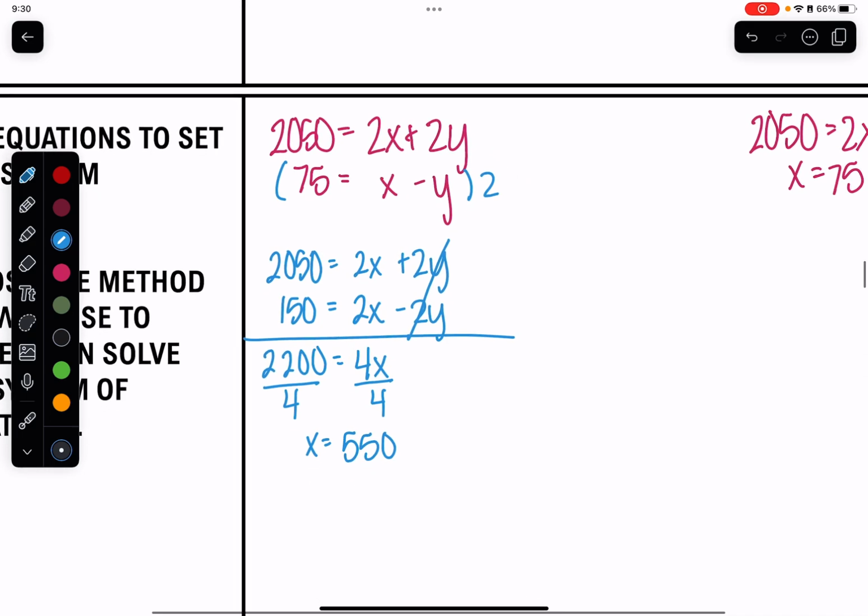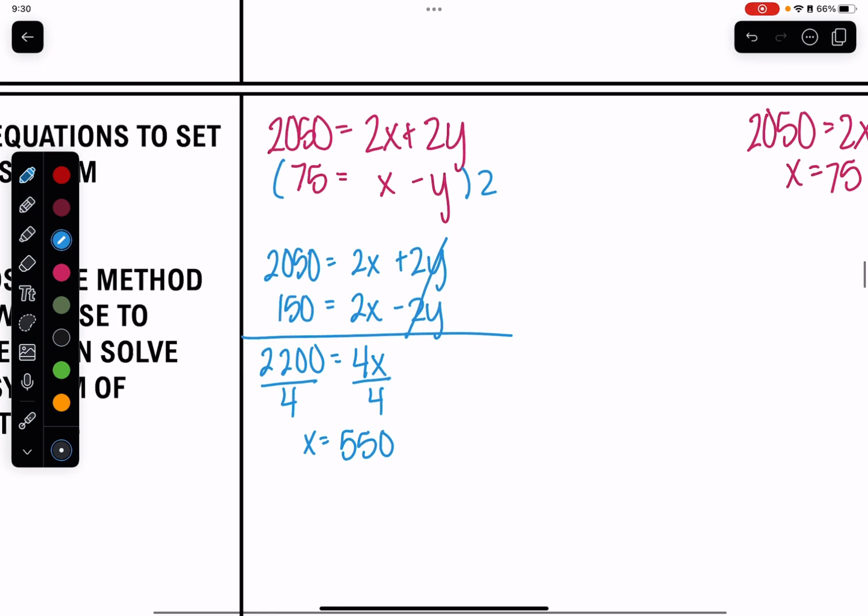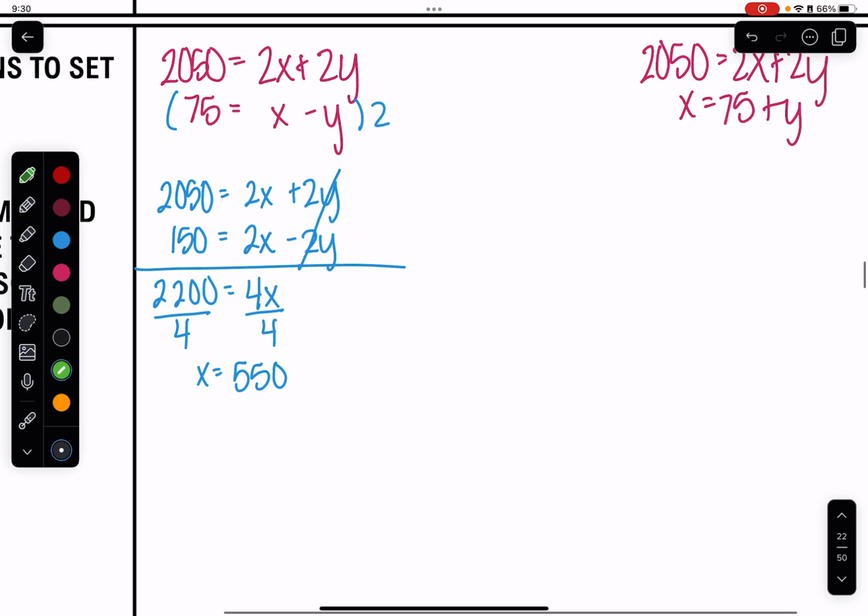We'll come back to what that 550 means in a second. Let's work on solving the second variable, and then we'll take a step back and see what I just solved. I can plug that back into either equation. I would definitely pick the bottom one because there are no numbers in front of the x or the y. That's going to be the easier one to solve for.